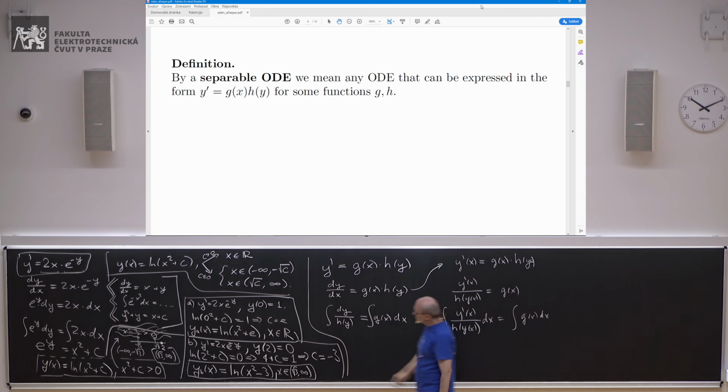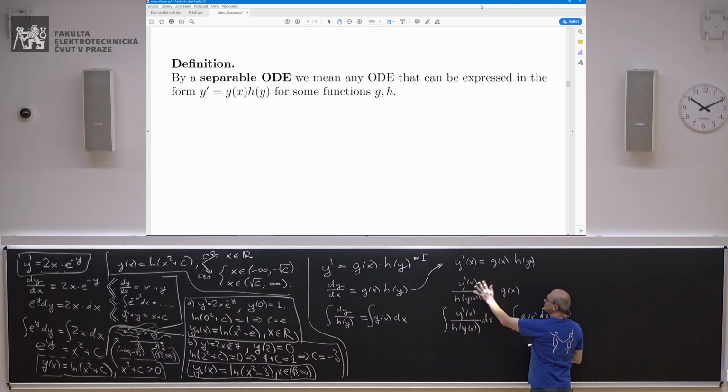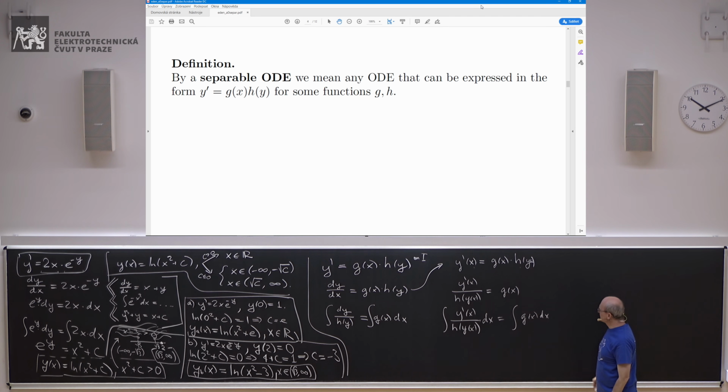Notice that everything which is happening here is happening on some intervals. I didn't say which kind of interval it is here, but I know that it's given by some kind of condition. And the same thing is here. This equality will be studied on some interval I. So these are all equalities of functions which are valid on some interval I. And if I have equality of two functions on interval I, I can integrate on I. So it makes sense like that.